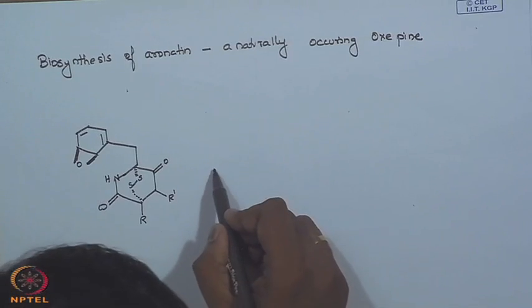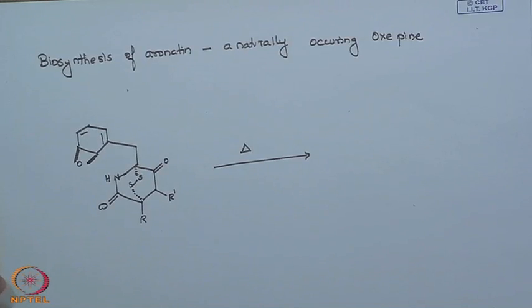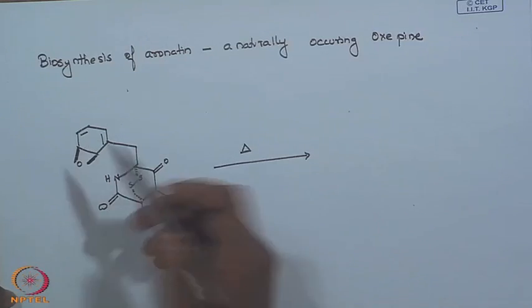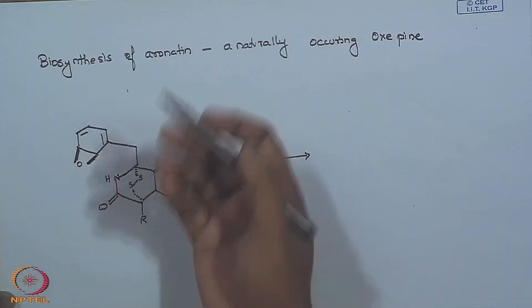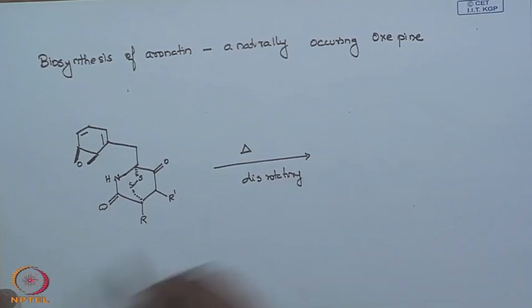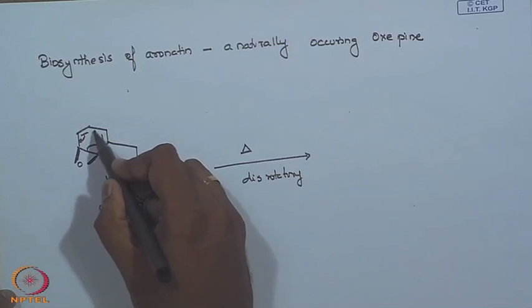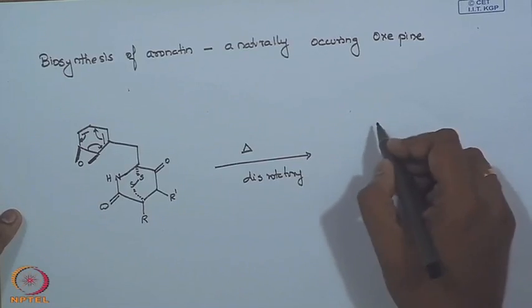Now this system on heating, what can you expect? What system is this? You have a pi system, and on heating it is disrotatory. Very good, same rule knowledge. So it's a disrotatory, very good electrocyclic ring opening reaction to give you a nice product.